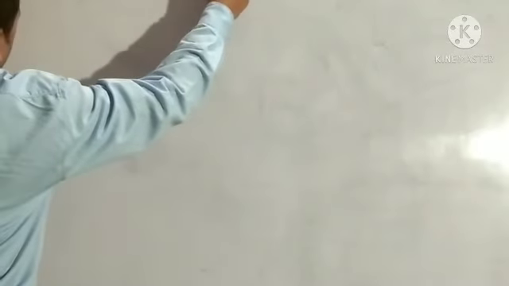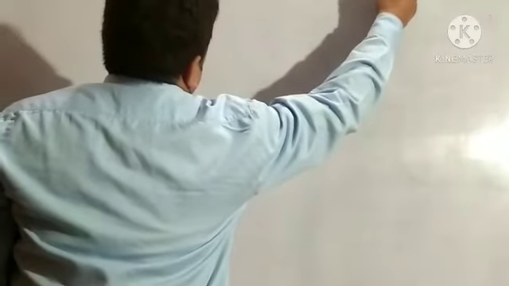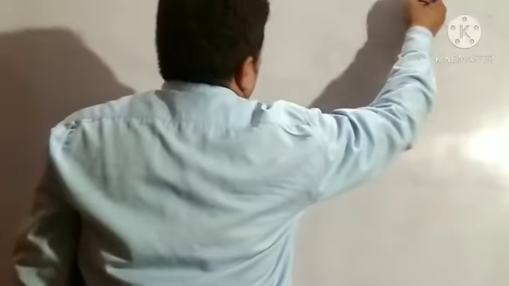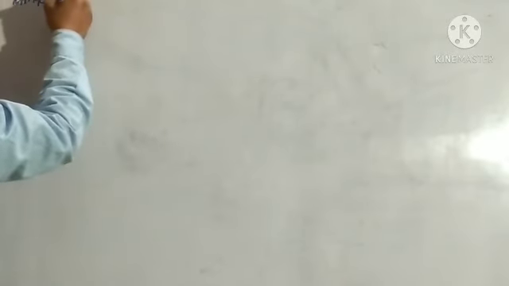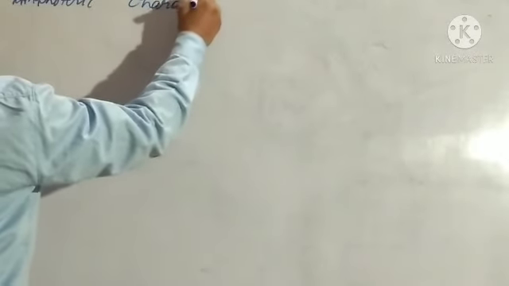Aluminium is dissolved in acid as well as in alkali. It shows amphoteric character.